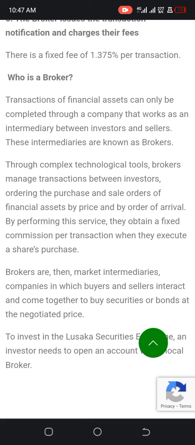But there are a lot of strategies that you can use in terms of investing in shares. Or the other one, you can just use fund management, where you use a broker. They are the ones that manage your funds. You can either use a broker, or you can use these other asset management companies, and they are the ones that will be managing your funds.